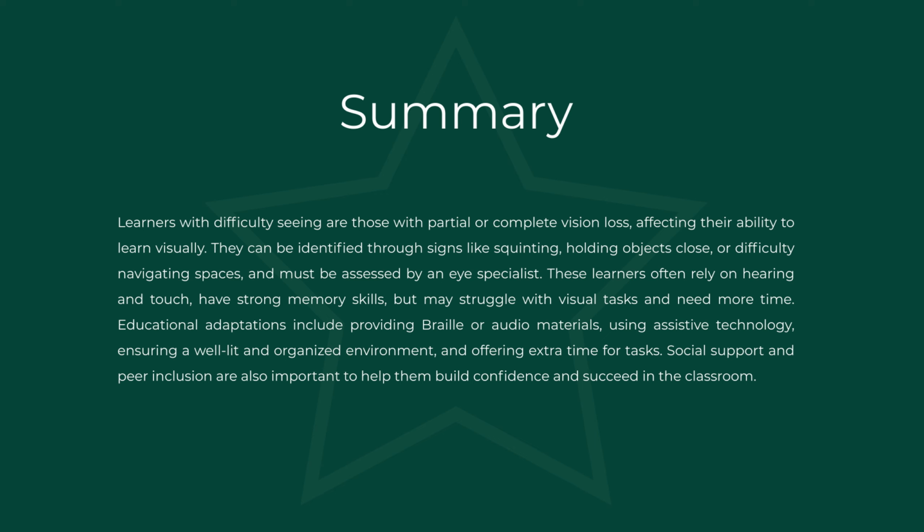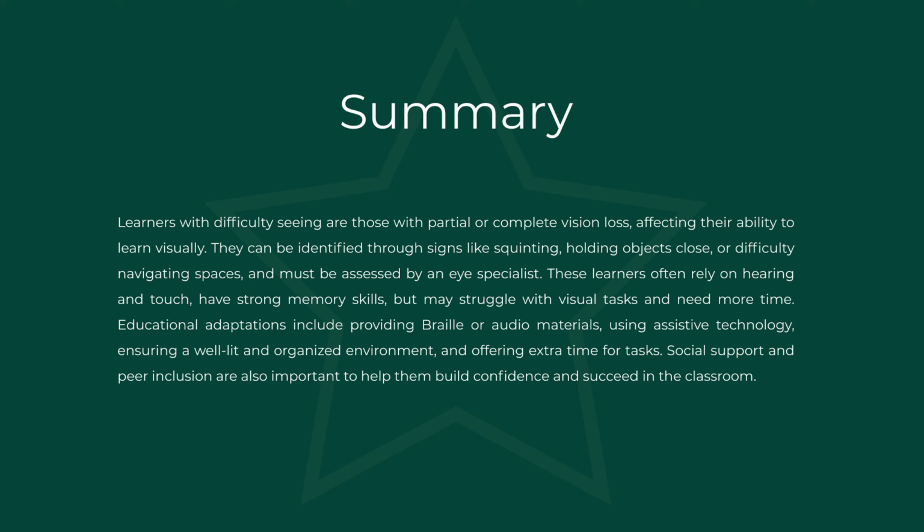To summarize, learners with difficulty seeing are those with partial and complete vision loss affecting their ability to learn visually. They can be identified through signs like squinting, holding objects close, or difficulty navigating spaces, and must be assessed by eye specialists.